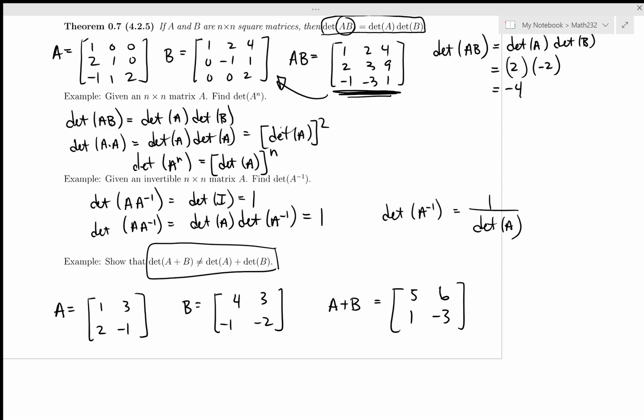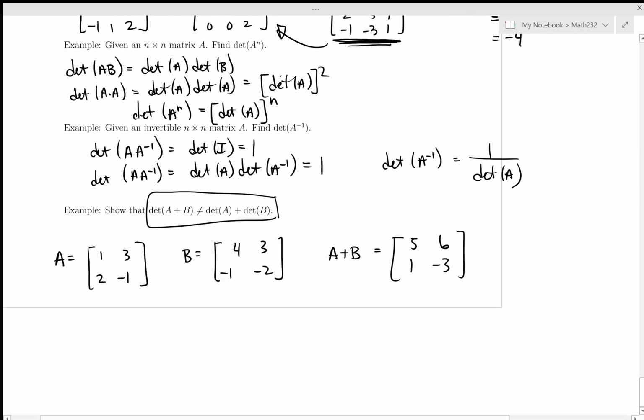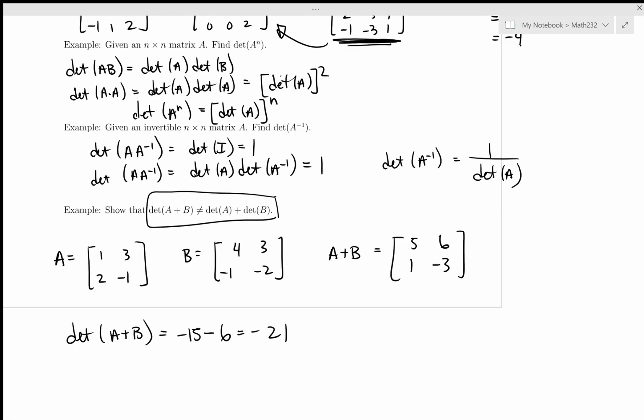So we've got the determinant of A plus B. That is going to be minus 15 minus 6, which is minus 21. Minus 15 minus 6. I sensed that horrible feeling that I've made some small mistake, but it doesn't look like it.